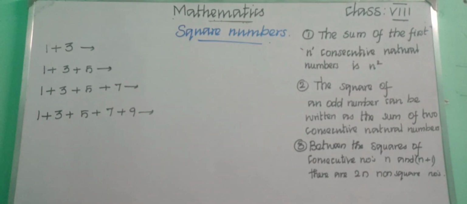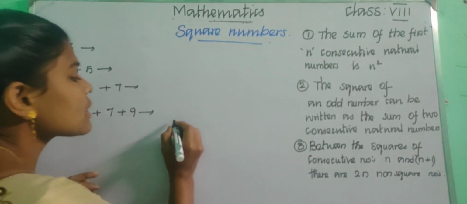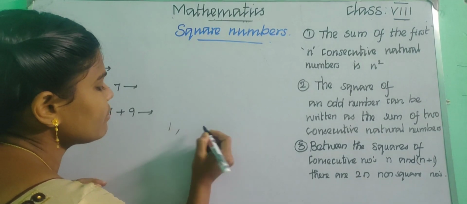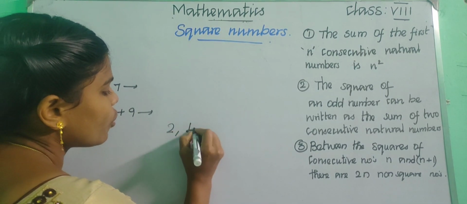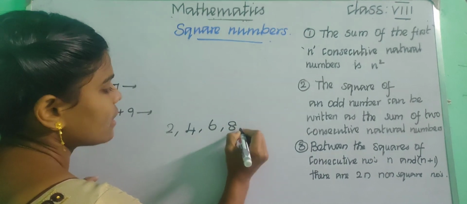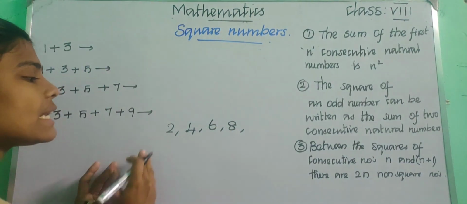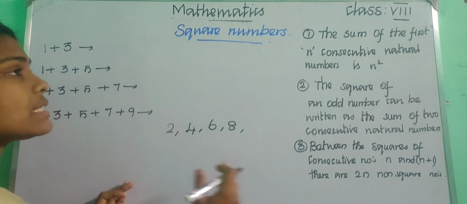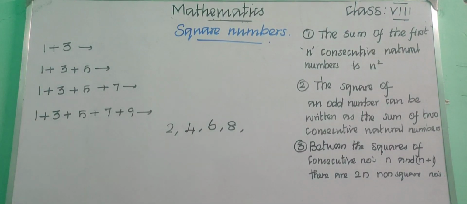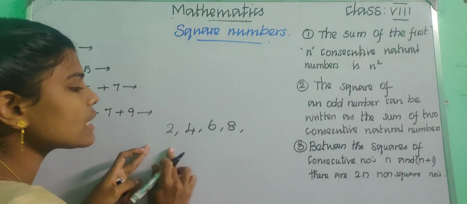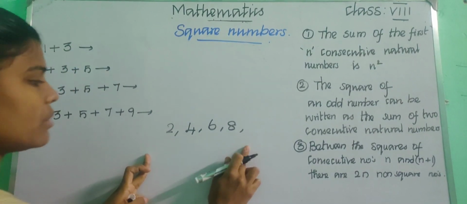So what is meant by consecutive numbers? Simply, if I am writing the consecutive even numbers, they are 2, 4, 6, 8. Simply, if you keep writing any number continuously in order, we call it consecutive numbers. So these are the consecutive even numbers.